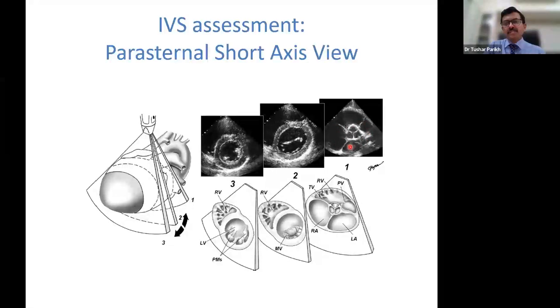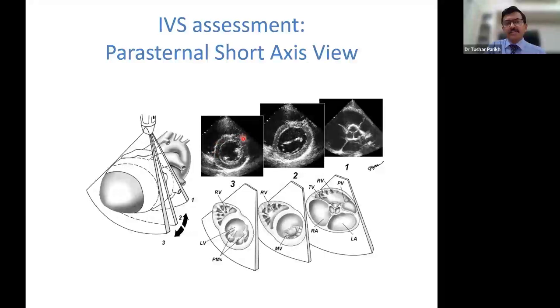So this is LA, RA, RV, RVOT, pulmonary valve, and this is the pulmonary artery, and this is the Mercedes-Benz sign, and this is the cup and saucer image. You go a little down, you get the mitral valve, and a little further down, this is the papillary muscle level. Now, please remember that the ventricular cavity should look like this. This is the interventricular septum.